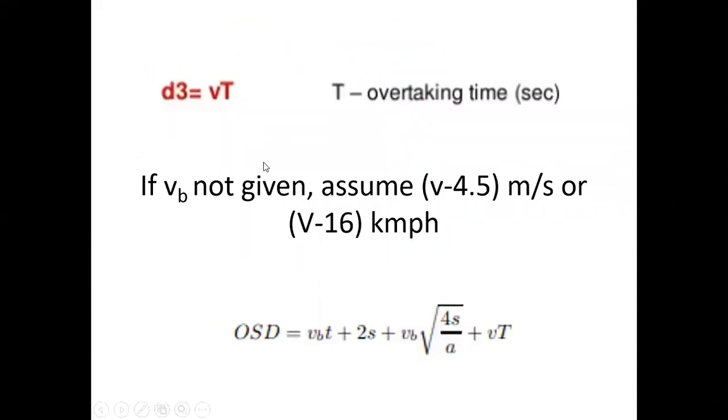V suffix B should be calculated from the design speed. For example, they are giving design speed as 80 kilometer per hour. Suppose it is 80 kilometer per hour, then the speed of the overtaken vehicle, the slow moving vehicle, is V suffix B.